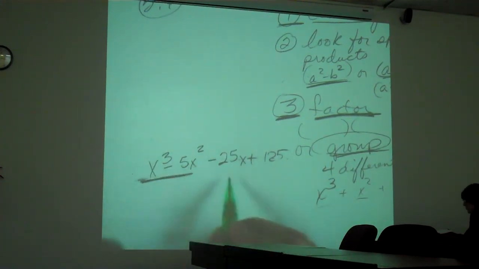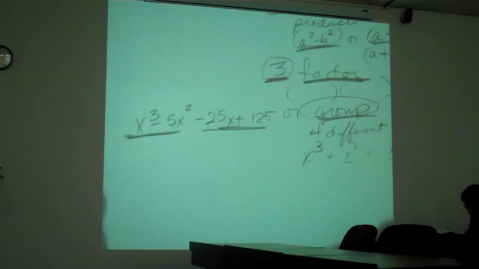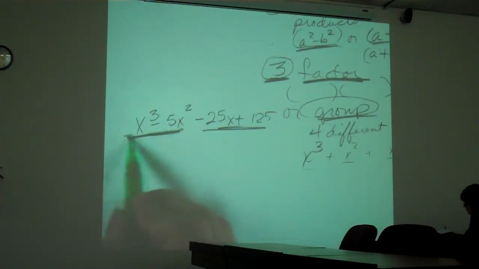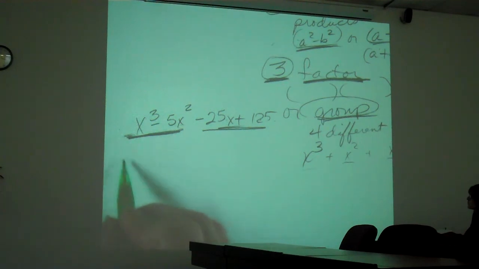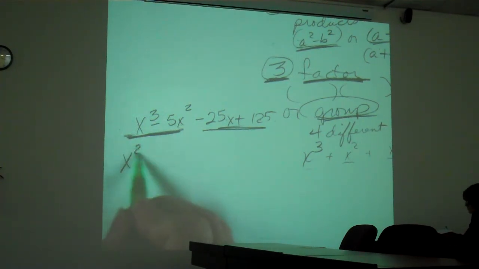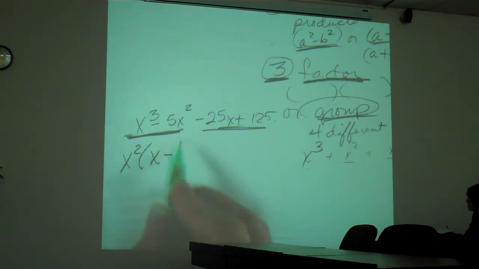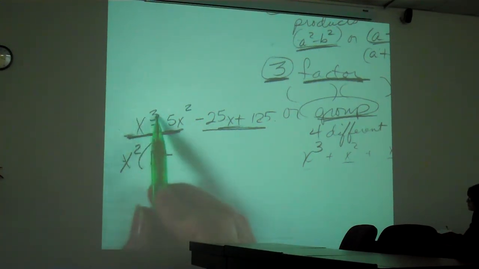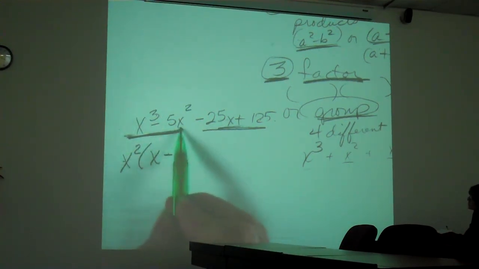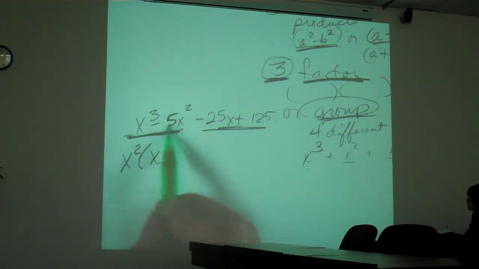Okay, group the first 2 and second 2. What do the first 2 have in common? X squared. So you have x squared times x minus, x gives you x to the 3rd, minus, we need the 5, right? We already have the x squared, we need the 5.